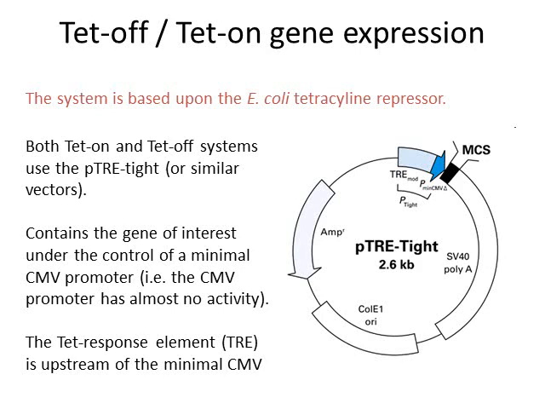So it uses this tetracycline repressor protein. How does it actually work? Well, I'll tell you the difference between the TET-on system and the TET-off system. There's not much of a difference, but there's one important difference in a second. But what you need to realise is that both these systems, irrespective of which one you go for, use, at least in this particular incarnation of this technology, the PTRE-tight vector. The example I'm giving you here is the Clontech kit. Obviously different companies sell different named kits depending on what they've patented.